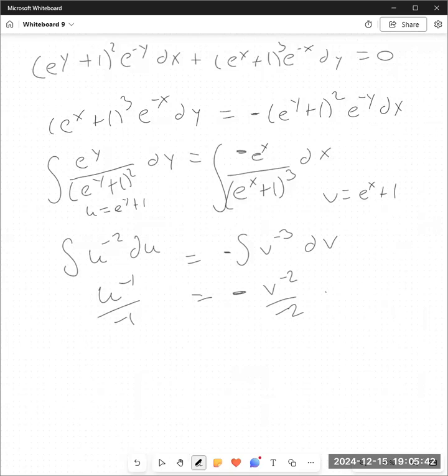So negative 1 over u is equal to 1 over 2v squared. And then let's make this negative 2 over u to get rid of the fraction, 1 over v squared, and then bring this to the side. So let's put the c over here.